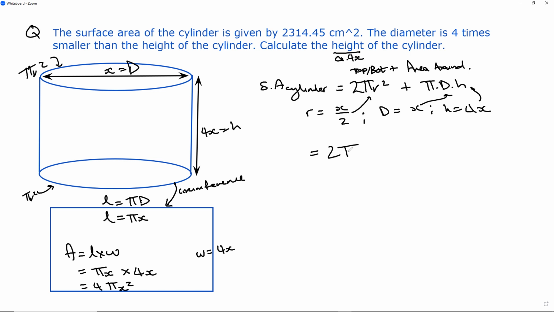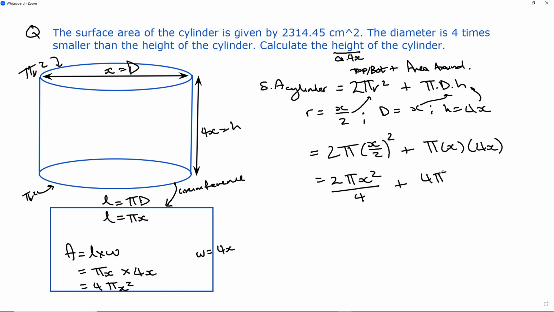So we're going to end up with 2 pi times (x over 2) squared plus pi times x times 4x. That's going to be 2 pi x squared over 4 plus 4 pi x squared. The 2 will cancel out with the 4, and I'll be left with pi x squared plus 4 pi x squared.